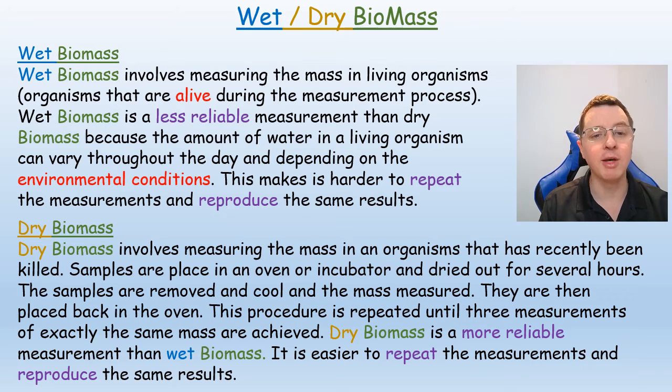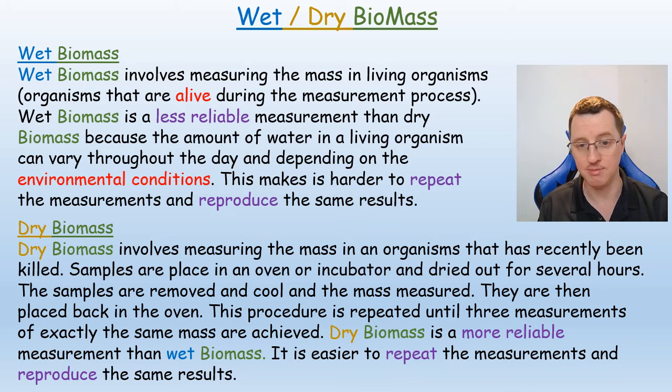Now, dry biomass involves measuring the mass in an organism that has recently been killed. Samples are then placed in an oven or an incubator and dried out for several hours. The samples are then removed to cool and the mass measured. They're then placed back in the oven and the procedure is repeated until you get 3 measurements of dry biomass that are exactly the same.